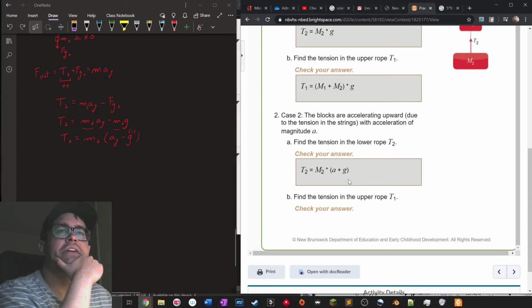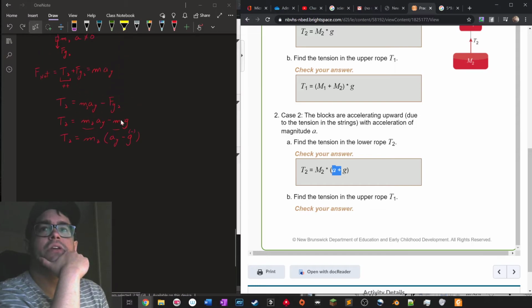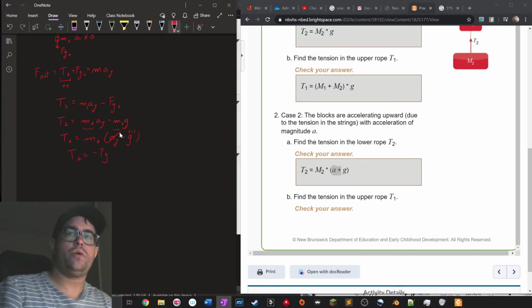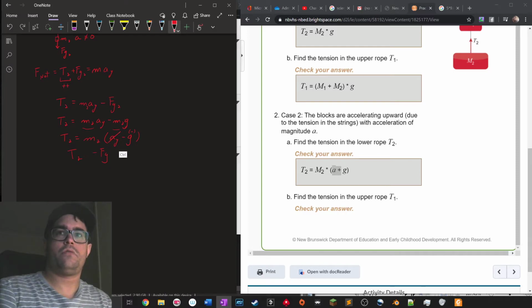So basically this is saying that you'll take G, which is minus 9.8, and if it's just minus 9.8, there's no acceleration. If A is 0, right? So if A is 0, this goes away. You're left with M2 times G, which is minus Fg, which is true. T2 is equal to minus Fg when the acceleration is 0.